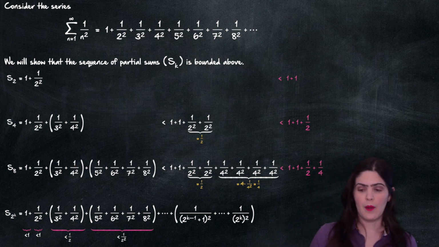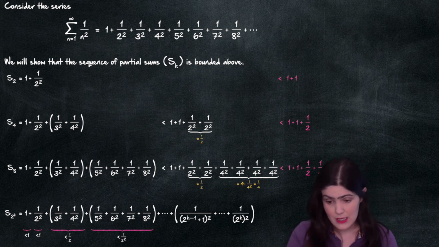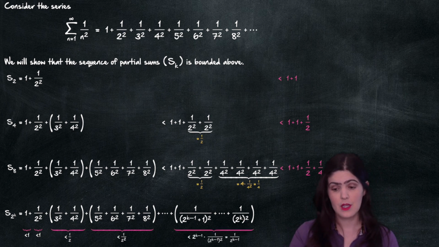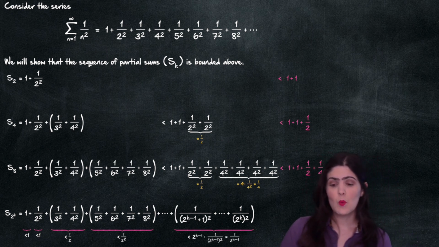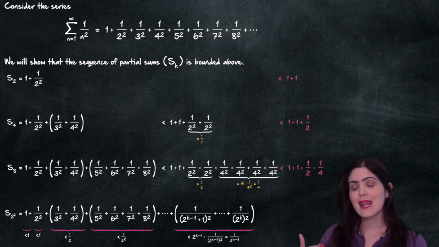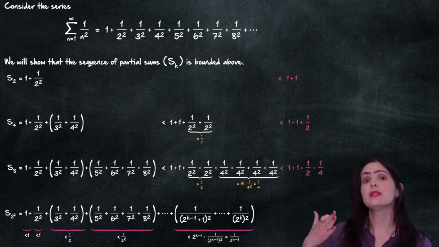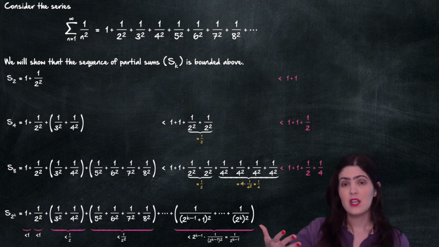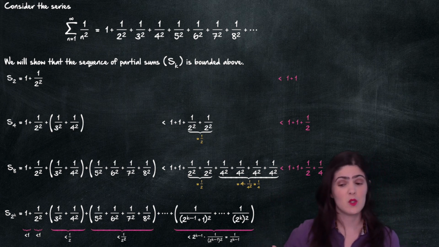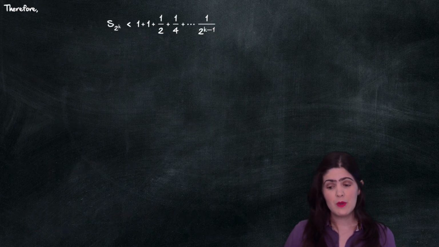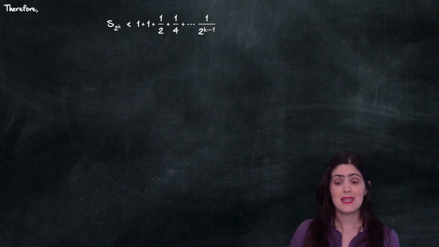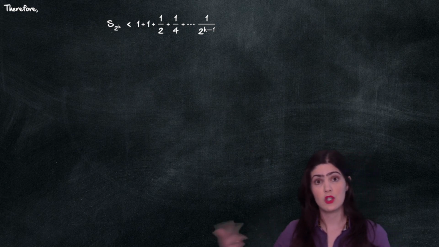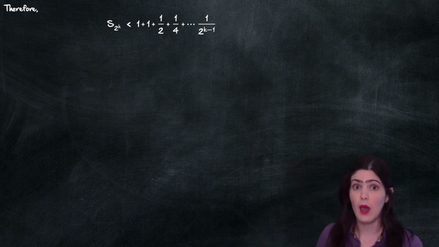And for the last one, if you count, we have 2 to the k minus 2 to the k minus 1 terms, and each one of them is less than 1 over 2 to the k minus 1 squared. So that is just 1 over 2 to the k minus 1. So when we put everything together, S2 to the k is less than 1 plus 1 plus 1/2 plus 1/4 plus dot dot dot plus 1 over 2 to the k minus 1.